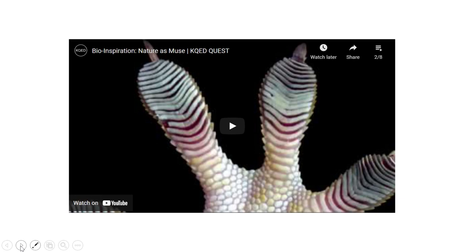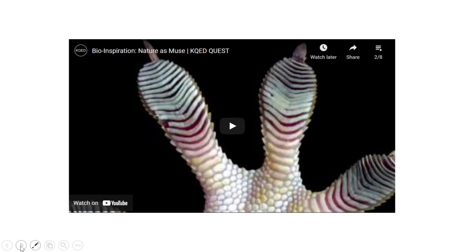What's happening is that allows a gecko to have very good contact between a surface and their hairs. And so it is those induced dipoles, those dispersion forces or van der Waals forces, those attractions that allow a gecko to climb a wall.